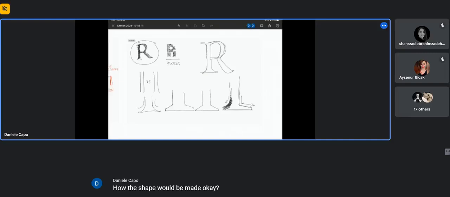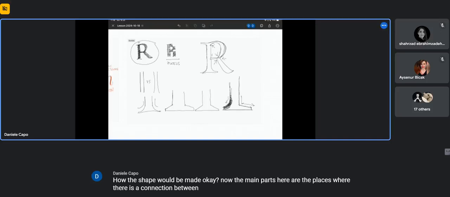Now, the main parts here are the places where there is a connection between lines.